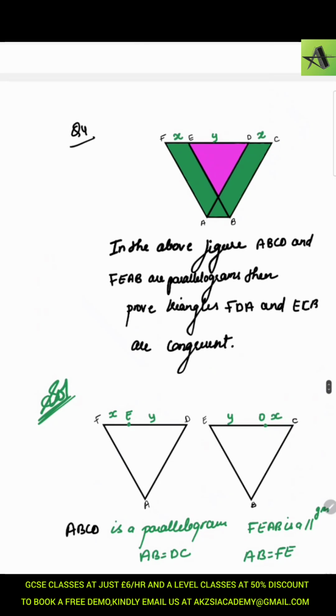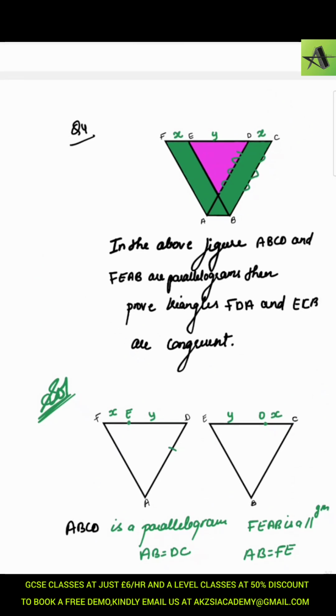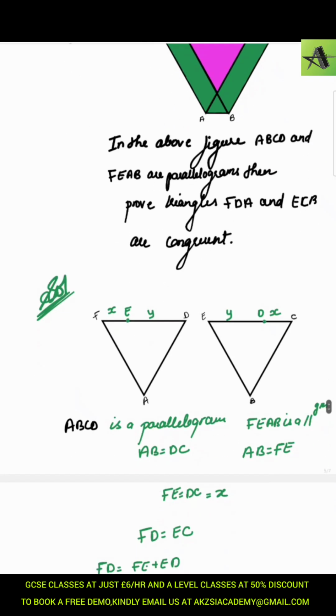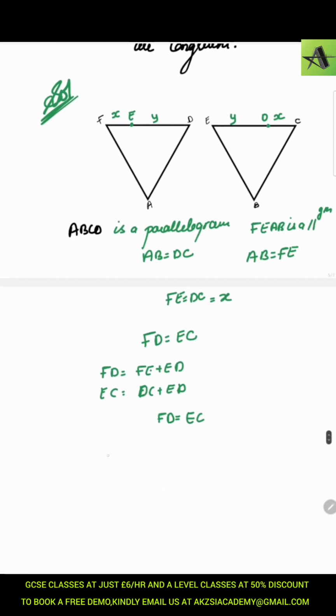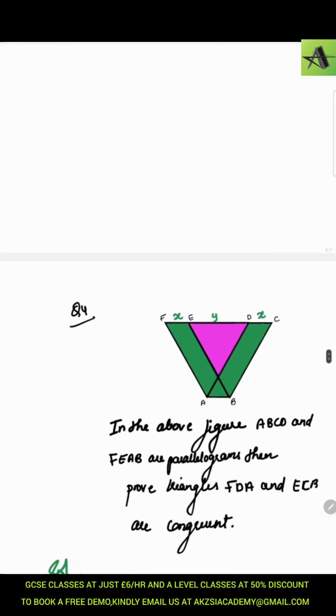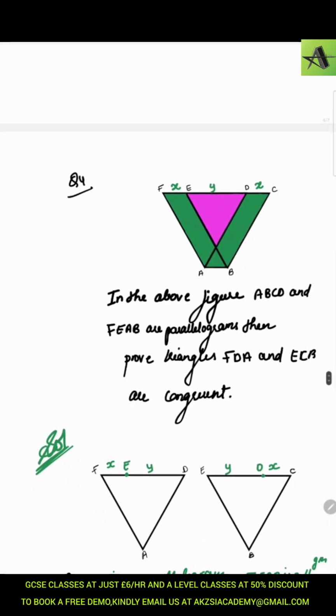The next part: since ABCD is a parallelogram, DA equals CB. Similarly, FABE is a parallelogram, so EB equals FA.